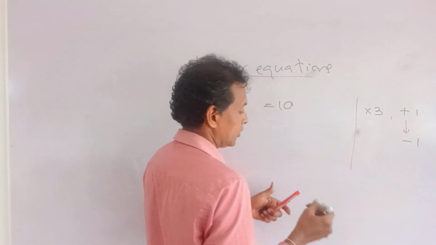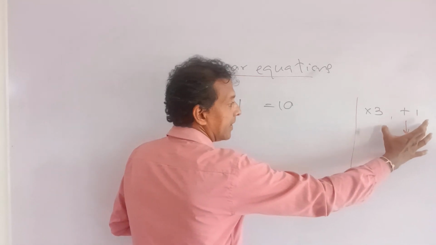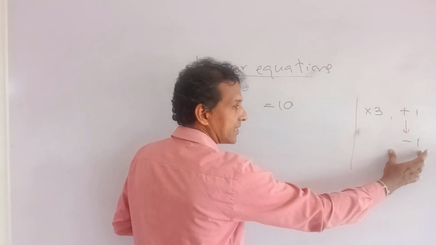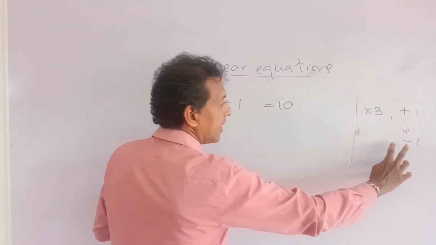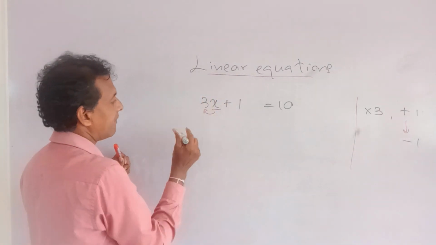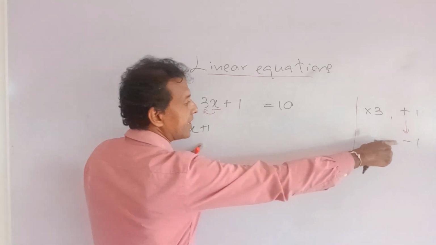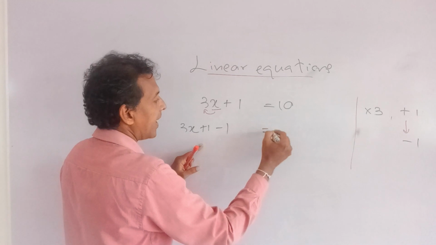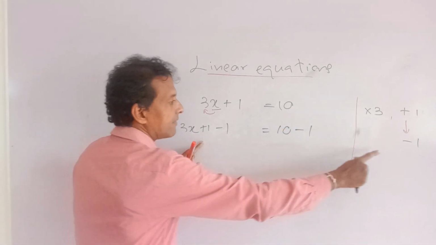So what you do, always take that inverse operation to both sides of this equation. Right? So write this -1 on both sides. Here we have 3x plus 1, write this -1 here, and on this side also write the -1 here. Right?